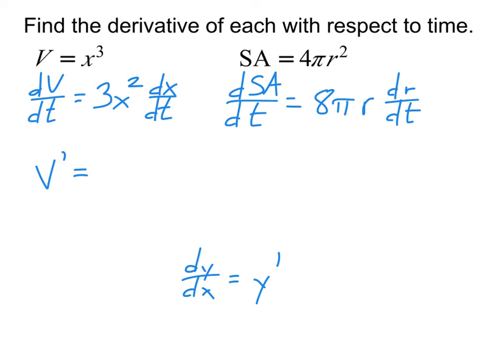Yes, it does. It means the same thing. And in the long run, I expect most of you are probably going to go to that. You're going to go to the prime notation. The problem is that prime notation doesn't tell us what we're taking the derivative with regard to. It doesn't tell us if it's x or t or what. So at least for today's work, that is both the in-class work that you just wrote down and the assignment that you're going to get here shortly, I'm okay if you write it in terms of the prime notation.